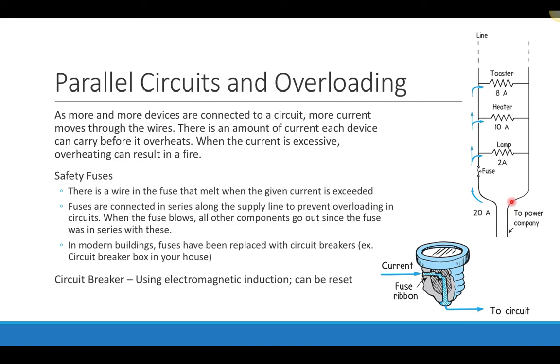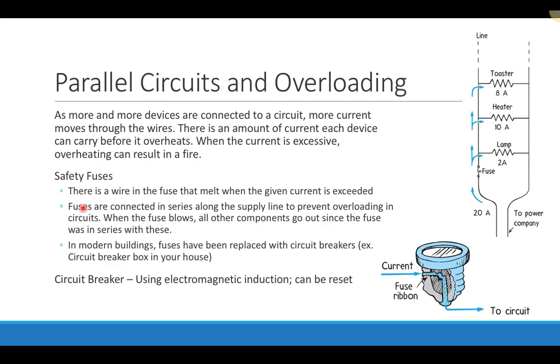I've had situations in my house where I'm running my vacuum cleaner connected to the same outlet as my toaster, and you can actually cause those circuit breakers to flip.